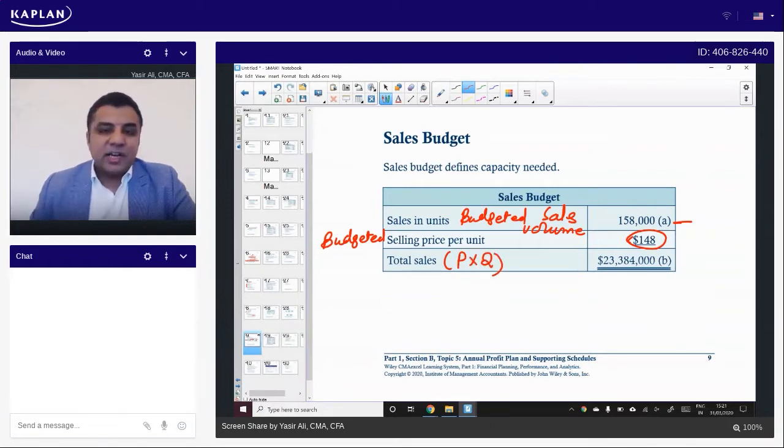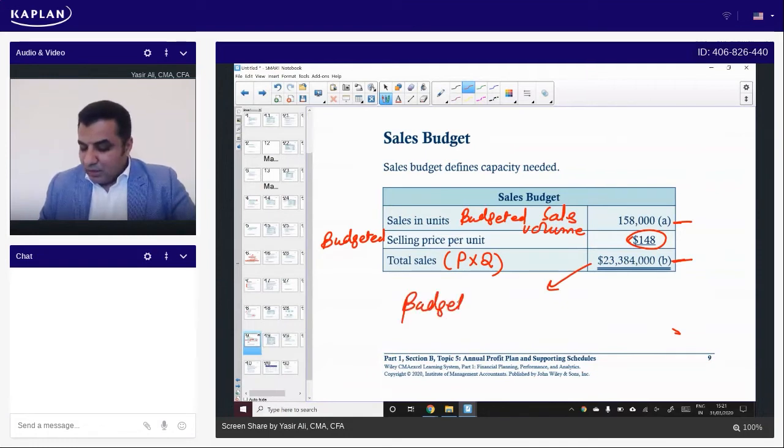Your budgeted selling price is 148. Your quantity is 158,000. So this is your budgeted sales revenue, and that is $23.384 million. So this is budgeted sales revenue.